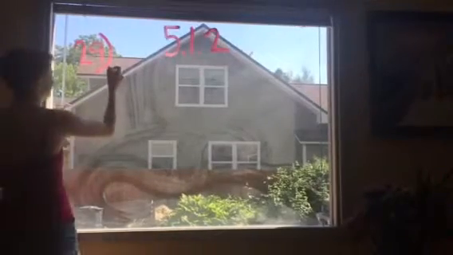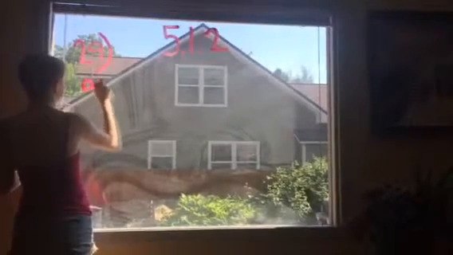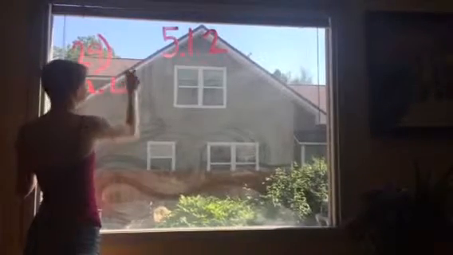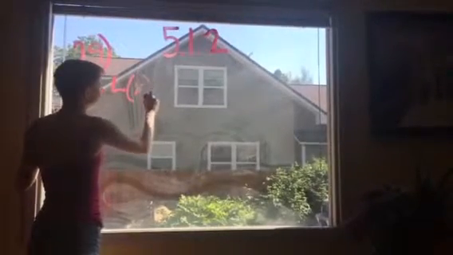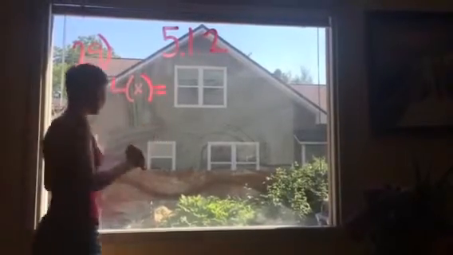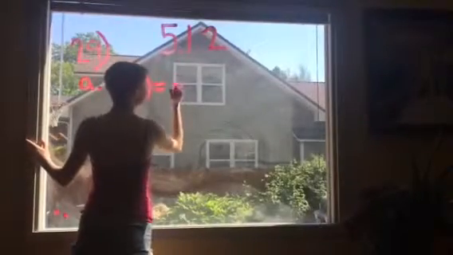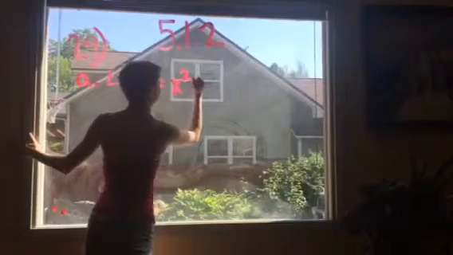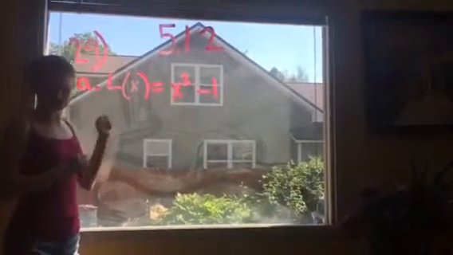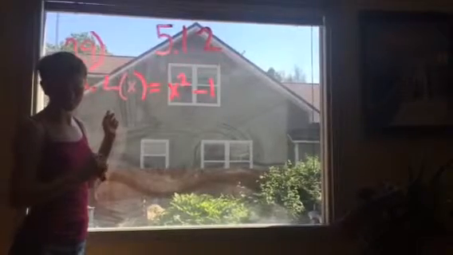So first we're going to write equations for each of the functions. So L of x, it said that it squares the input, so x squared, and then subtracts 1. So that is the function for L of x, or Lacey's function machine.